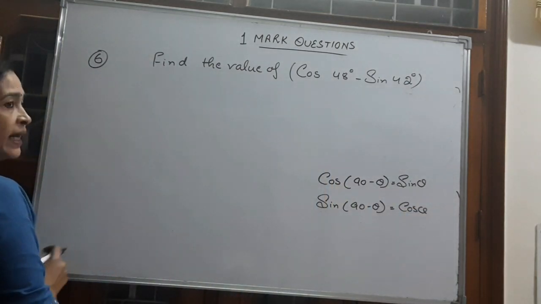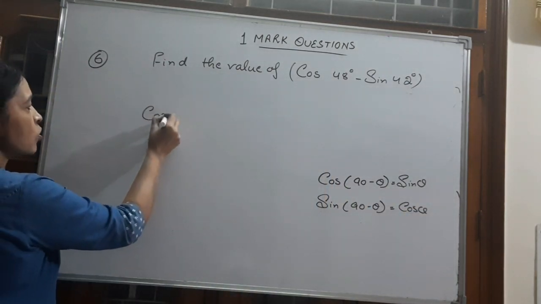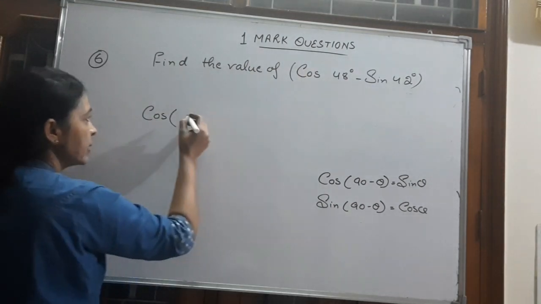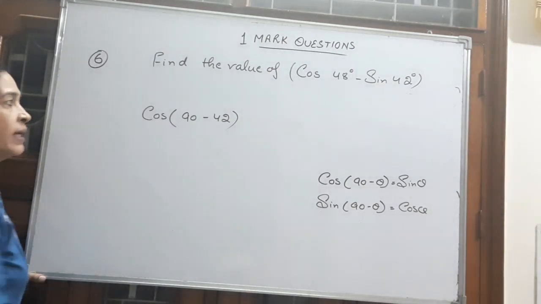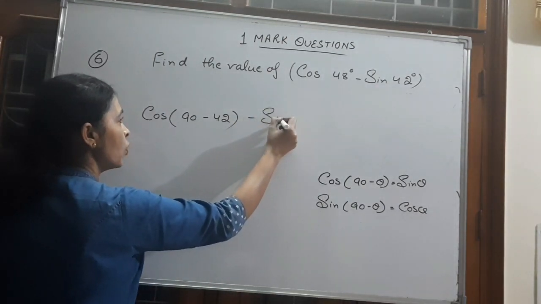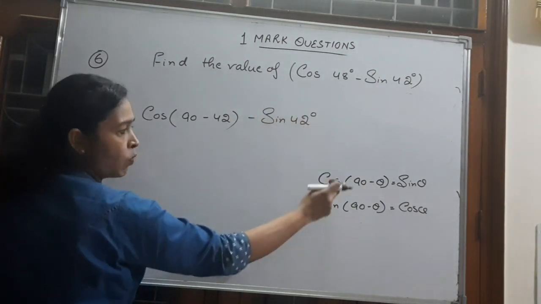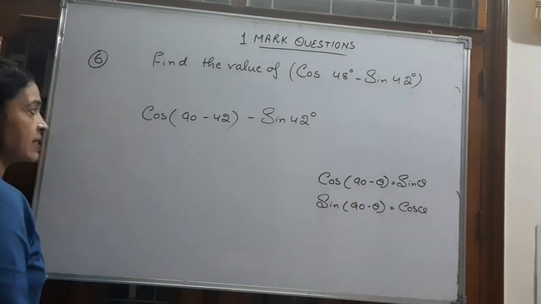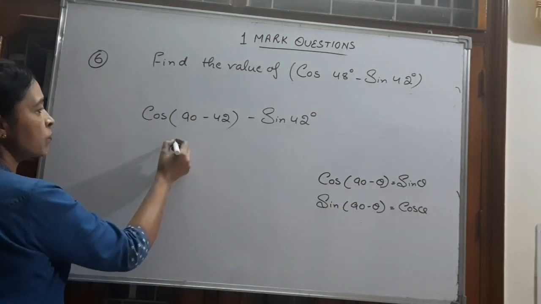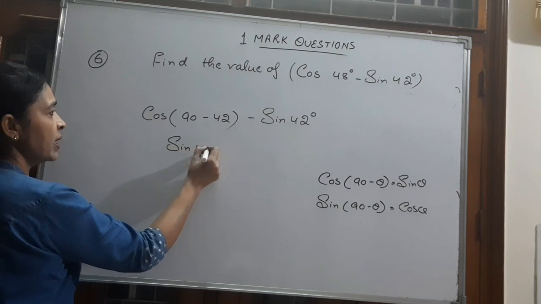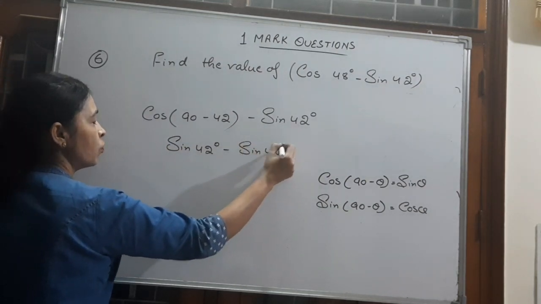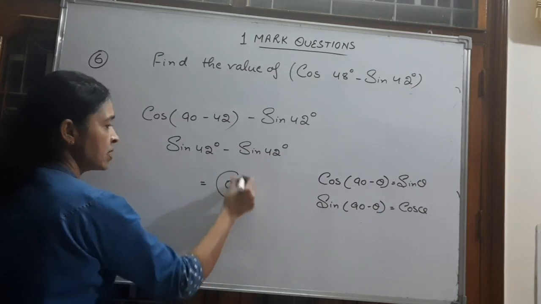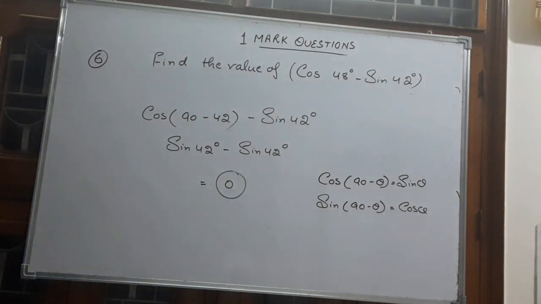Now, cos 48 degrees can be written as cos of 90 minus 42, minus sin 42 degrees. What is cos of 90 minus theta? Sin theta. So cos of 90 minus 42 is sin 42 degrees, minus sin 42 degrees. What will be our answer? 0 is our answer.